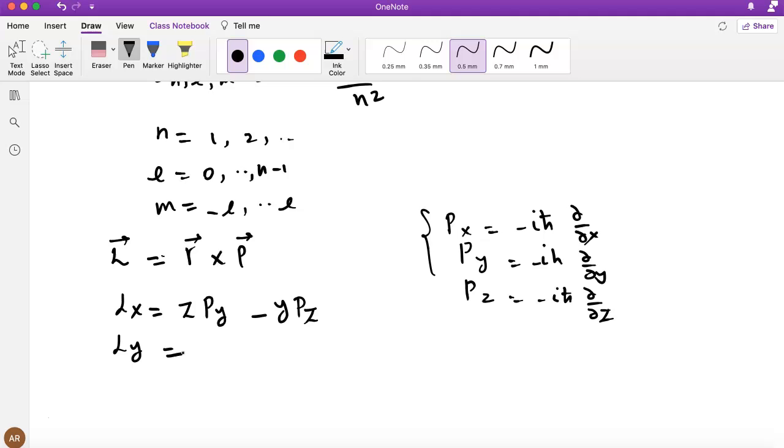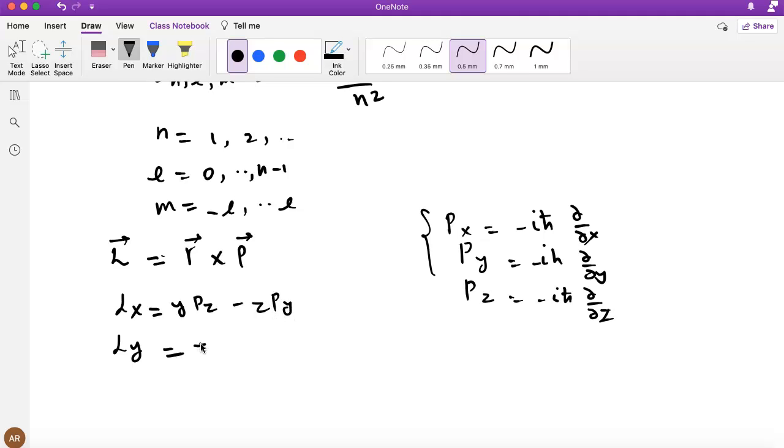Actually, I had a minus sign error. So Lx becomes y times pz minus z times py.